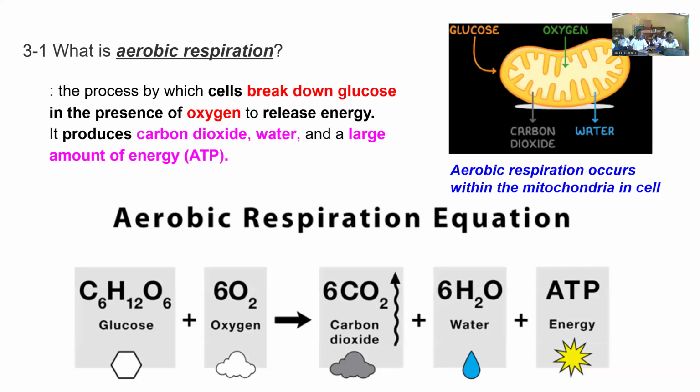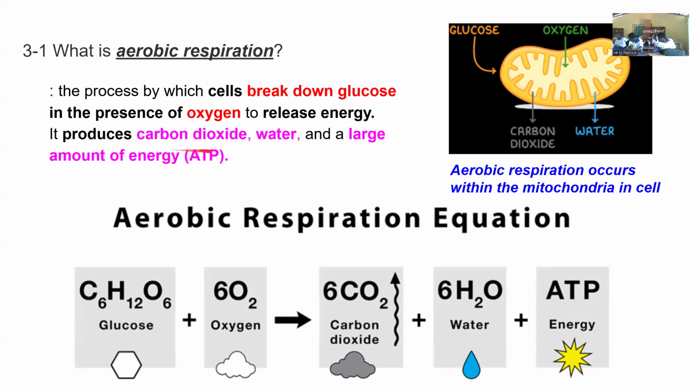Now we are moving a little bit to respiration and how it occurs. And the question asks, what is aerobic respiration? Aerobic respiration is a process by which cells break down glucose in the presence of oxygen to release energy.